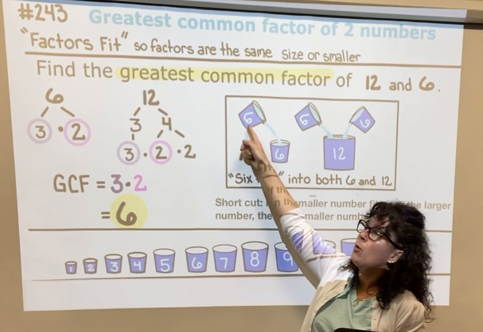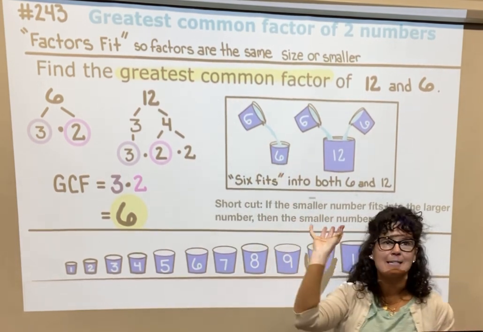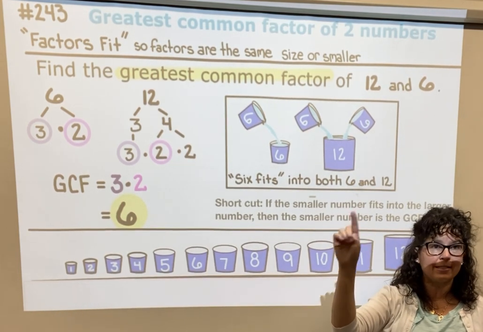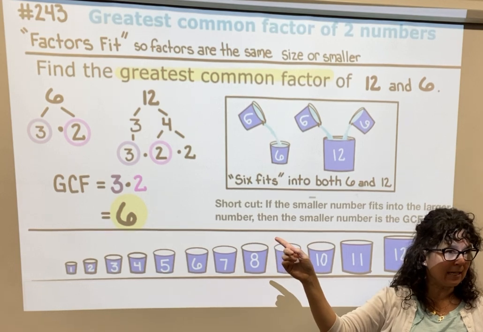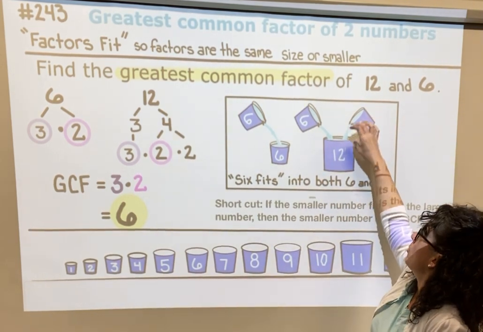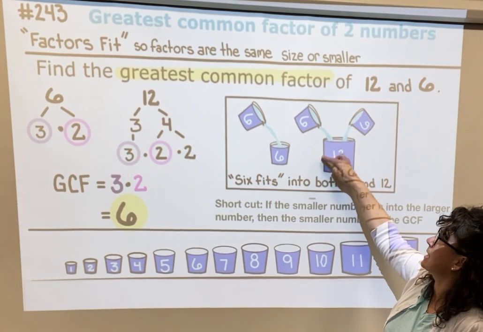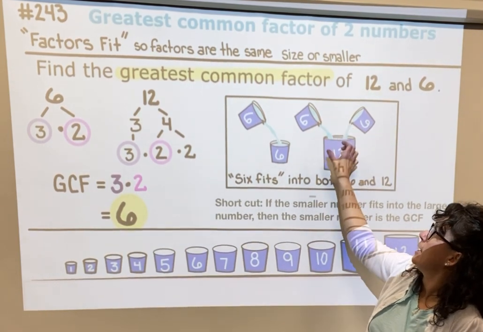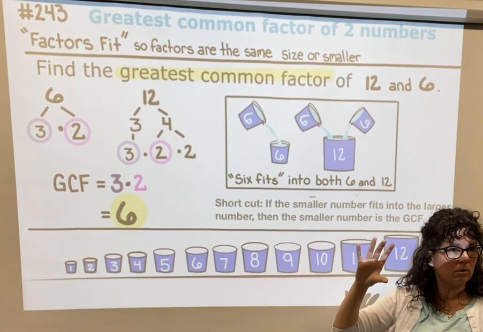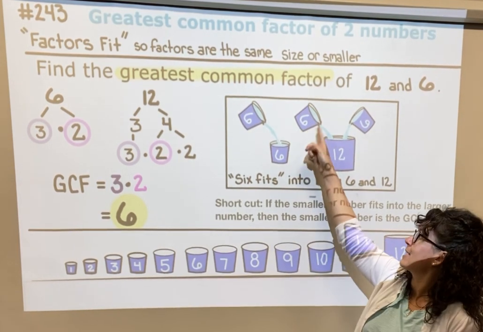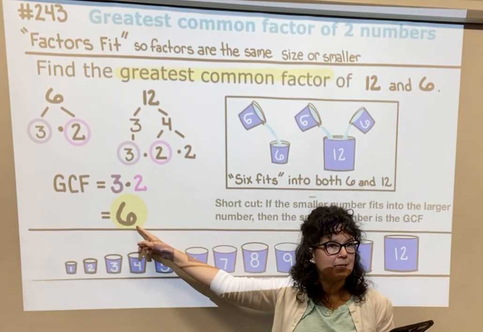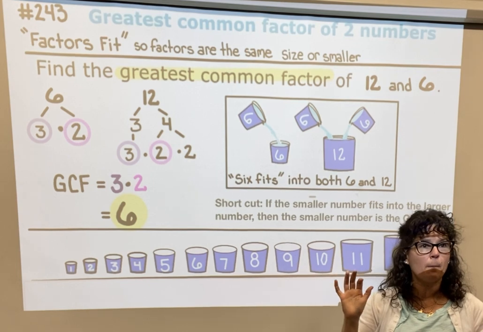If I pour 6 into 6, it fills the cup up and does not overflow. So 6 fits into 6. If I have a cup that holds 12 and I pour a cup with 6 in it, it's up to 6. I pour in another 6 and now it's up to 12. It did not overflow. So 6 also fits into 12. 6 is the biggest number that fits into both.